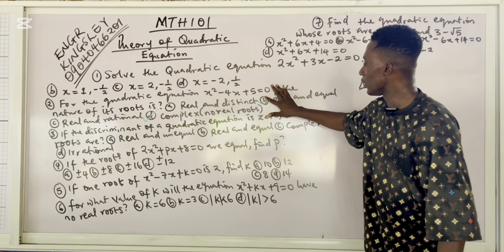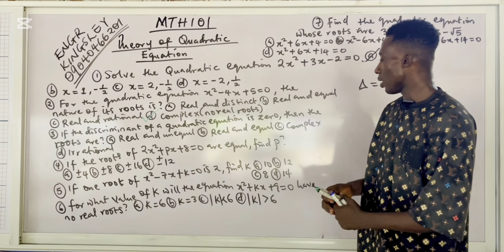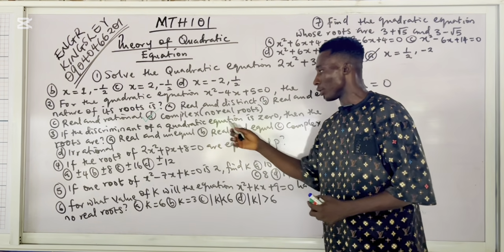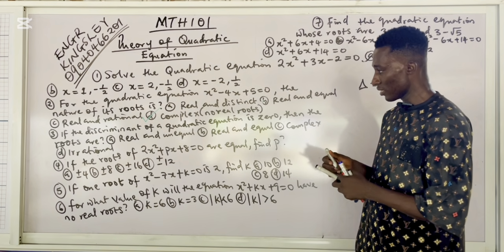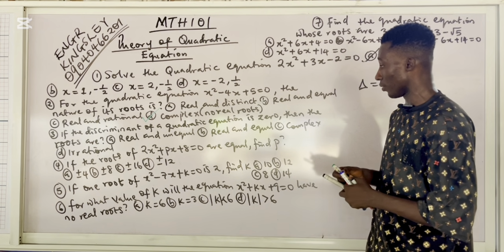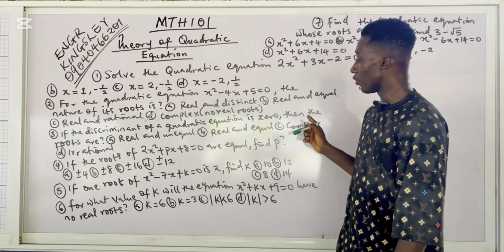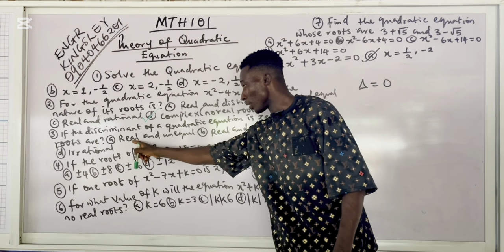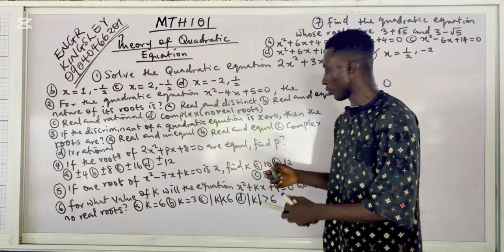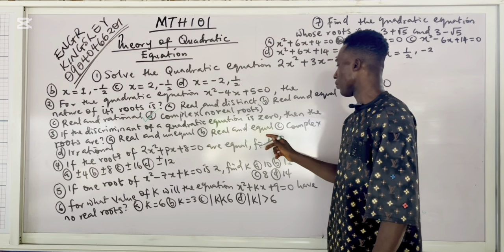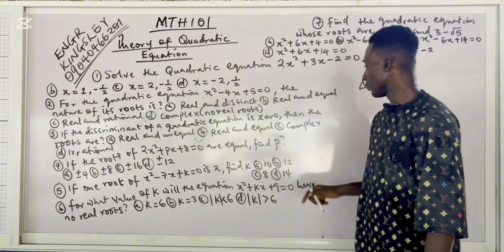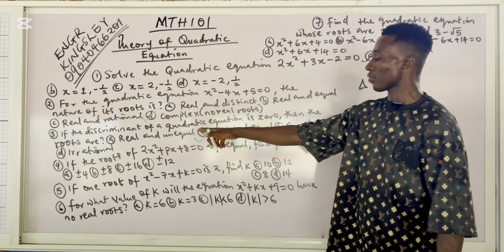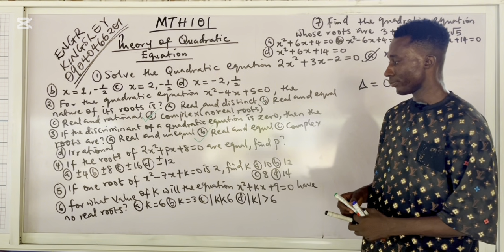If the discriminant is less than 0, we have no real roots. So in number 3, they're asking if the discriminant is equal to 0, which of the following is true? Real and unequal, wrong. Real and equal, correct. Complex or rational, irrational, wrong.